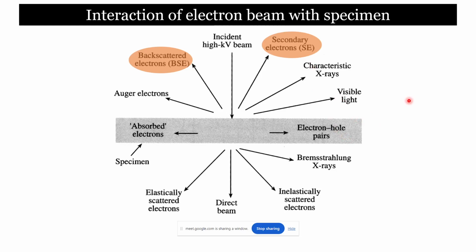Characteristic X-rays are used in EDS, energy dispersive X-ray spectroscopy, where you can directly image which element is present at which position.